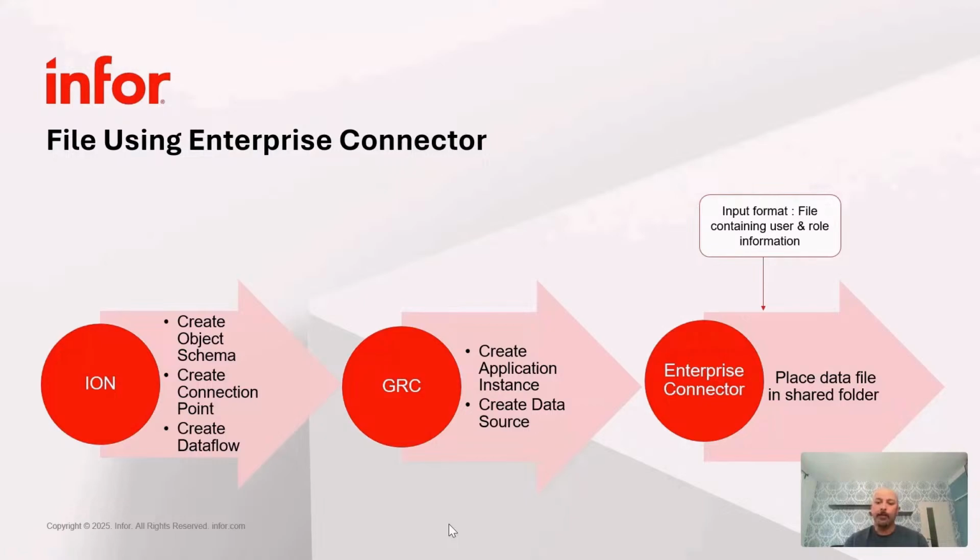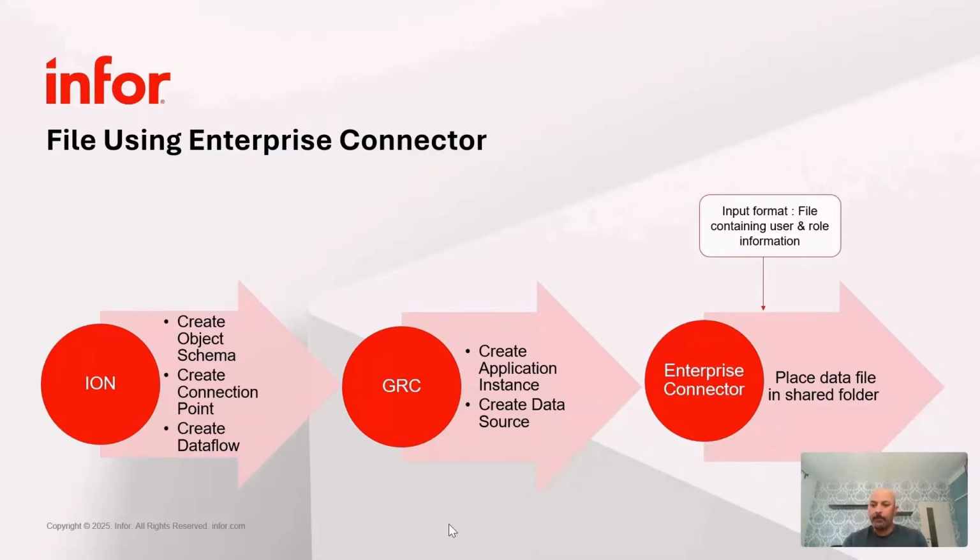So that's the first step, where you create the file, and then that particular file, which contains the data, we need to register that schema into ION so that when we read the file, we know what kind of information is expected from the file.